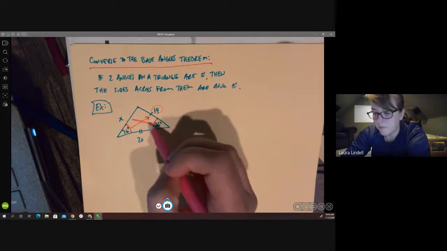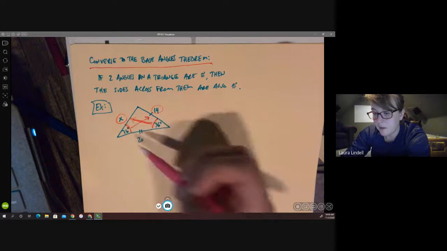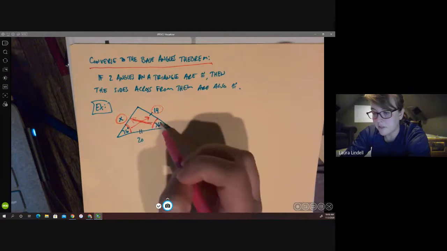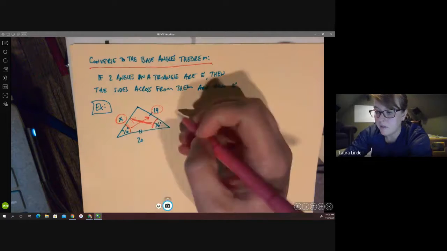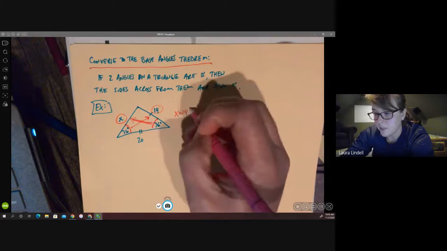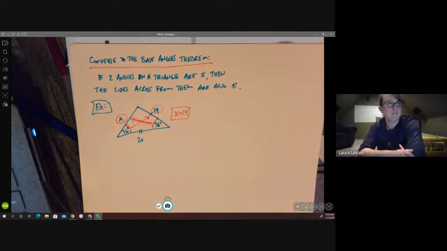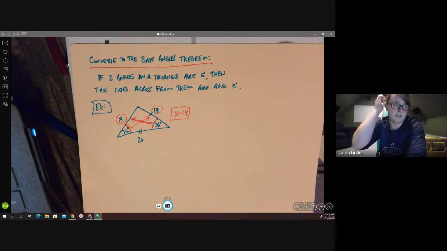This one is the one that's across from this 36-degree angle. That tells me that these two are the same. So x equals 14. That's all there is to that one.